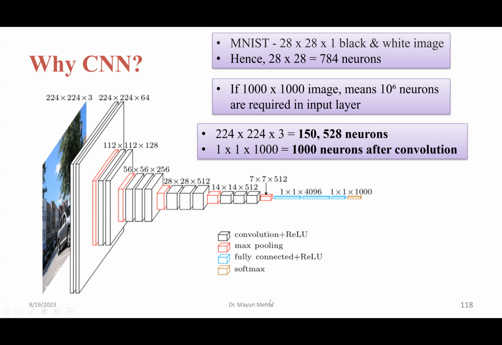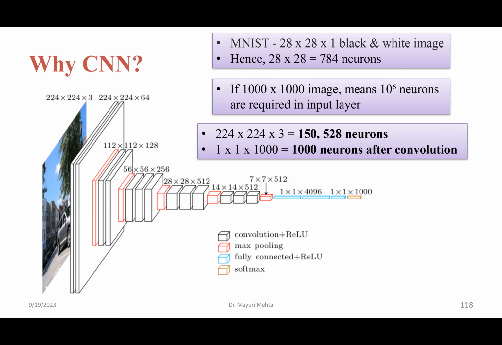So let me first explain the problem with feed forward neural networks. If you have a notebook and pen, it would be good to compute the terms which I'll discuss during the discussion of this slide, or you can use a calculator on your mobile. But be with me when I discuss the numbers included in this slide.